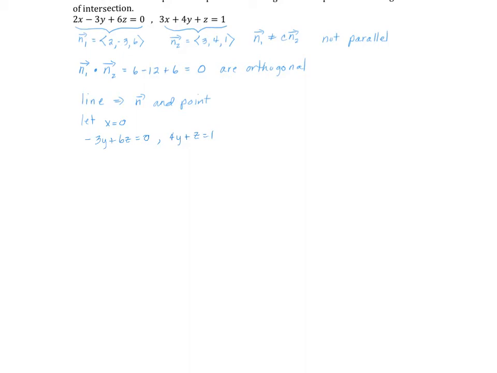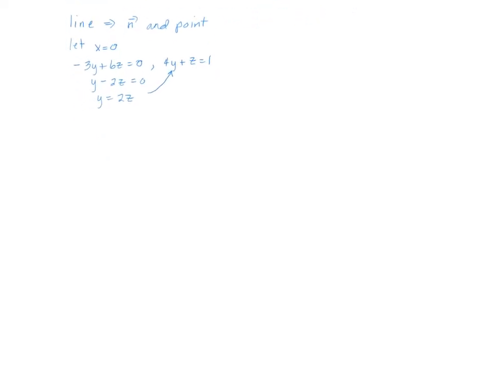In this first equation, it looks like I can divide everything by negative 3. So I get y minus 2z is equal to 0, or in other words, y is equal to 2z. Now I can substitute 2z for y in the second equation. Again, this is just going back to algebra.